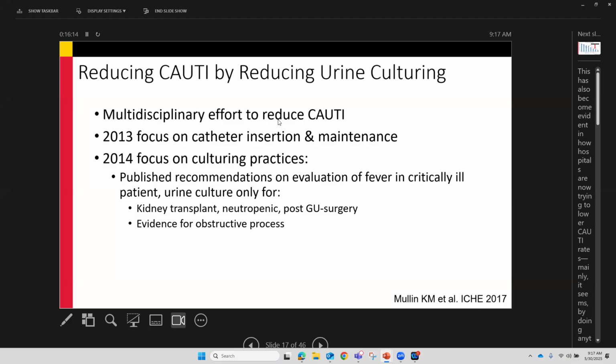And they did different things, but then they really switched over to focusing just on culturing and trying to reduce culturing. And a big part of that was trying to get them not to culture people with fever. The idea that you have fever and you should pan culture people is common in the hospital. And so they tried to push people away from that and say only do cultures without symptoms in the setting of kidney transplant or people being neutropenic or some particular higher risk factor.